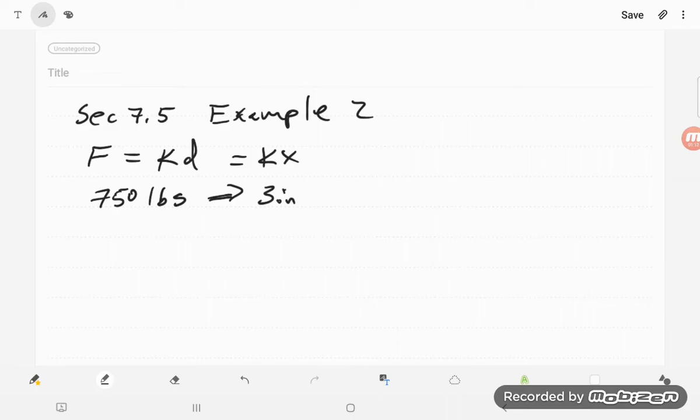In lots of books, they're real big on giving you some initial numbers in order to find K, as opposed to just telling you what the spring constant is.